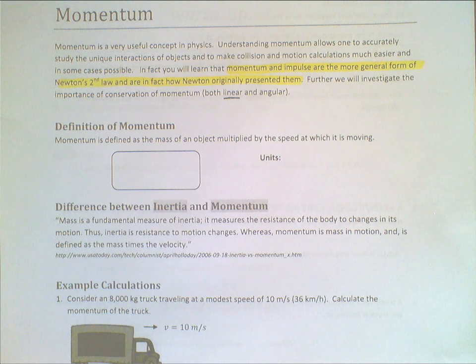All right, so what is momentum? Well, Newton was thinking about problems, and he quickly realized when he devised his second law, which I don't think was called that back then, that you could do something with the mass of an object and the speed of an object and calculate a value from it.